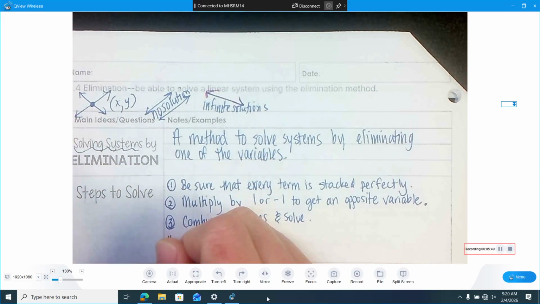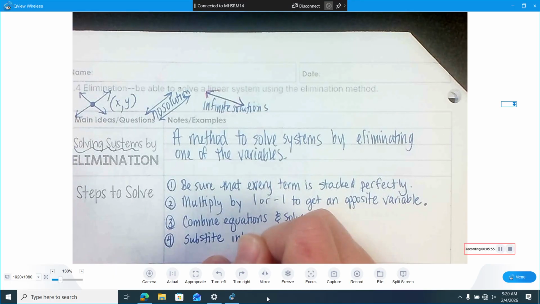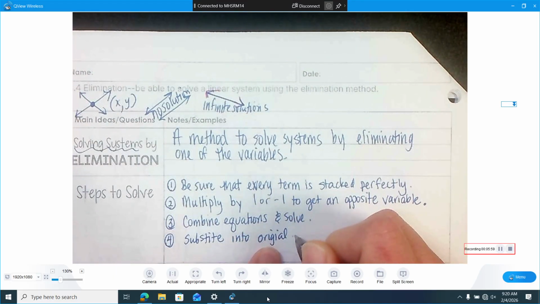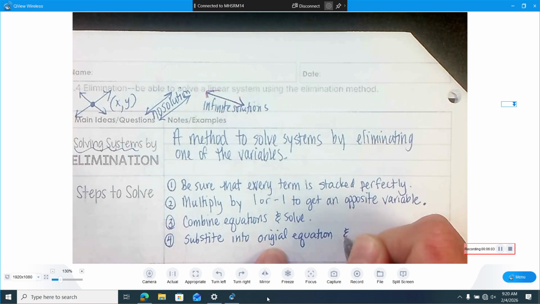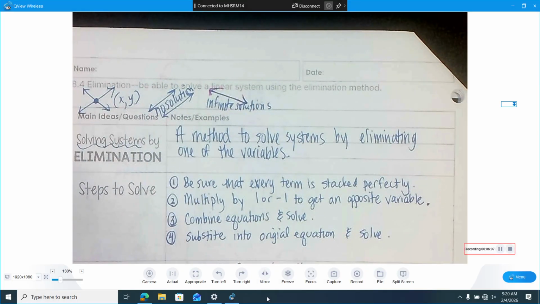And then our fourth step is to substitute into an original equation and solve again. You're going to get a number answer on step 3. You're going to get like y equals 7.